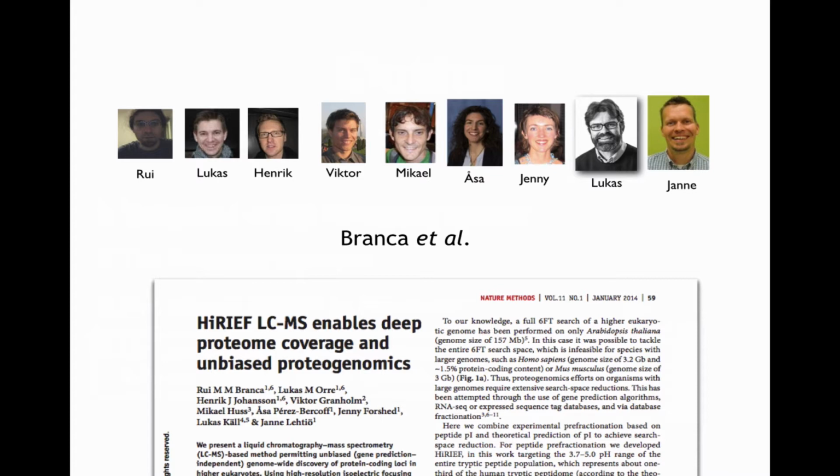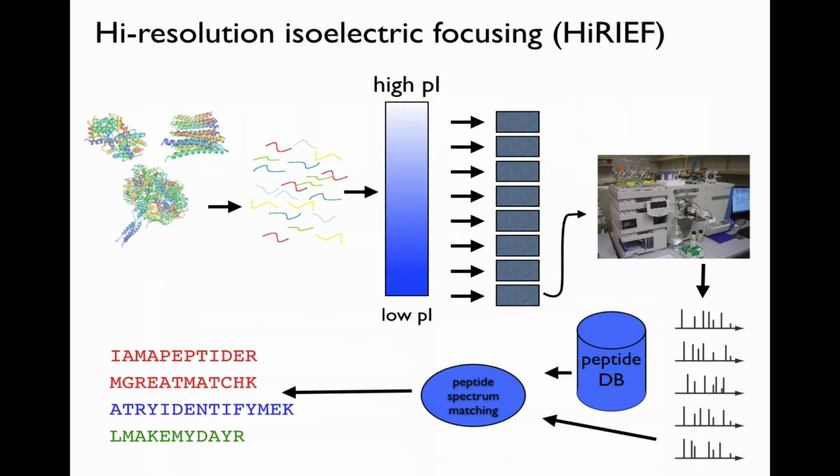Formerly a postdoc in his lab, Rui Branca, did a couple of isoelectric focusing experiments. Jan's lab had previously designed this type of high resolution isoelectric focusing experiment that they call HiRIEF.